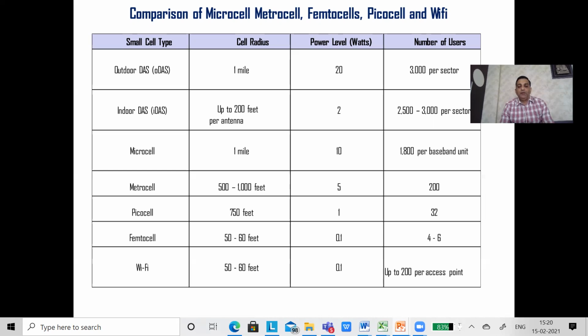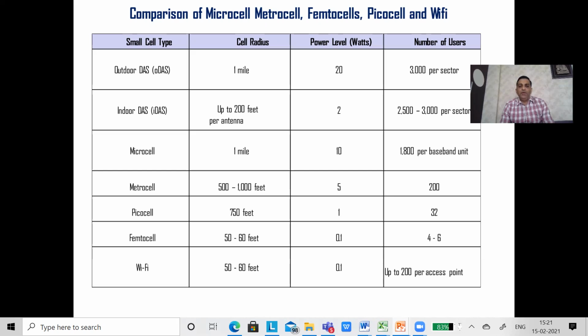While Wi-Fi has a 50 to 60 feet range and a power level of 0.1 watt, and provides services up to 200 access points for this much cell radius, which is 50 to 60 feet.